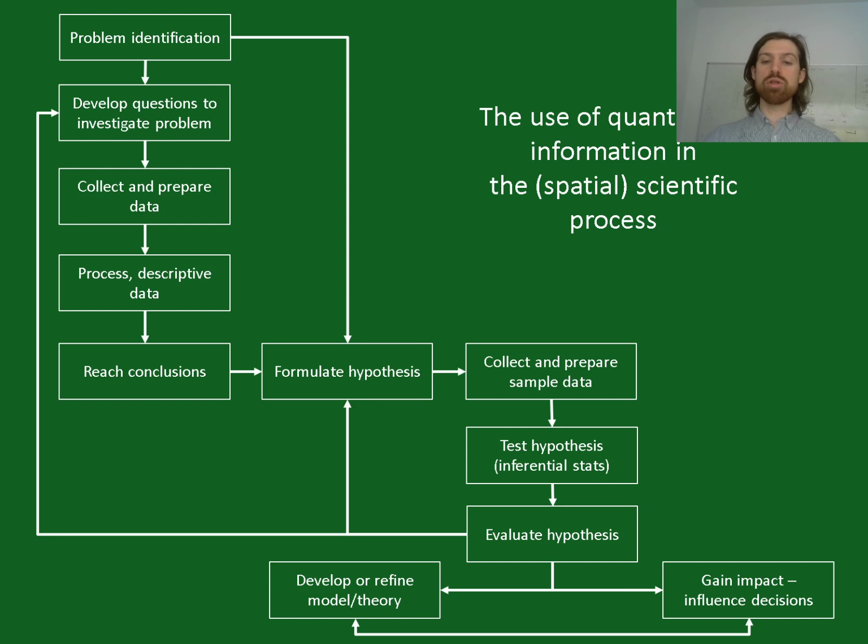And slowly we've been progressing more to the right-hand side of the slide here. So particularly where we might formulate hypotheses, go out and collect some sample data, test those hypotheses, evaluate them, and then we're able to either gain real impact from the decisions that we've reached. So we're able to make the world a better place, essentially. Or we're able to go back and refine the model or develop new theory, which has an important academic role.